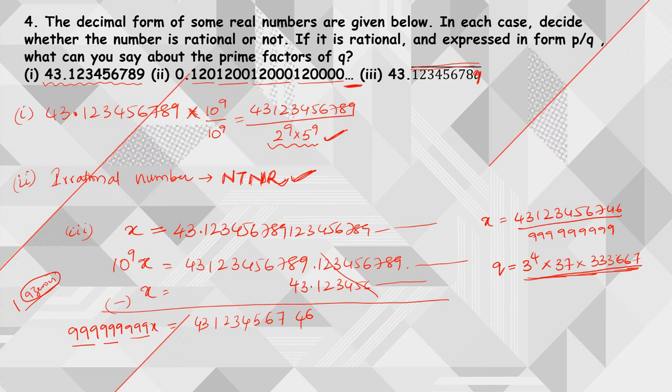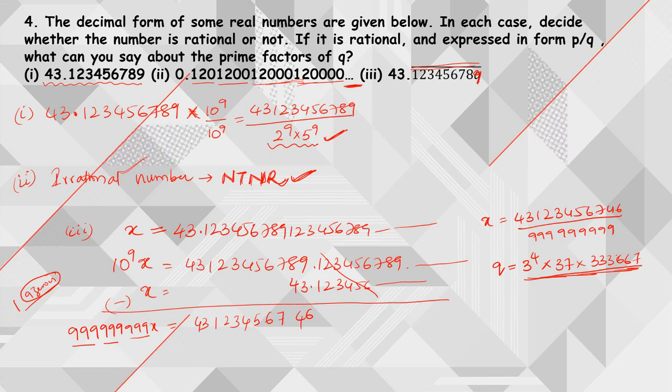From this, clearly what you can observe is that whenever you have a terminating decimal, the prime factors in the denominator are 2 and 5. Since the second one is non-terminating, non-recurring, it is an irrational number, so there is no discussion of p by q form.